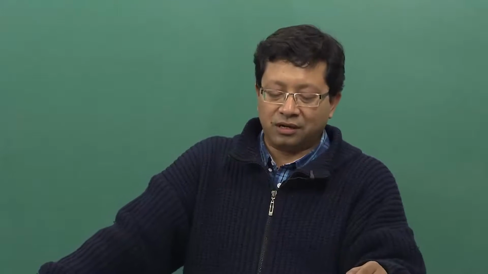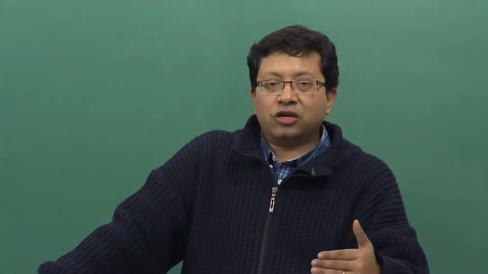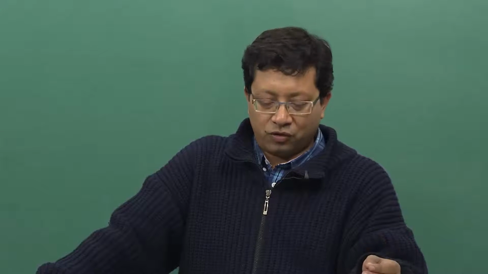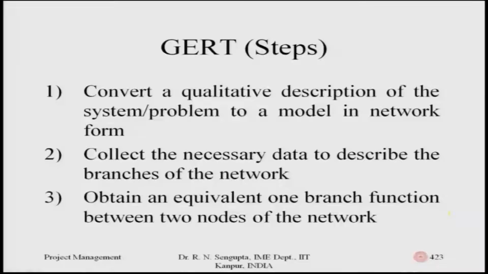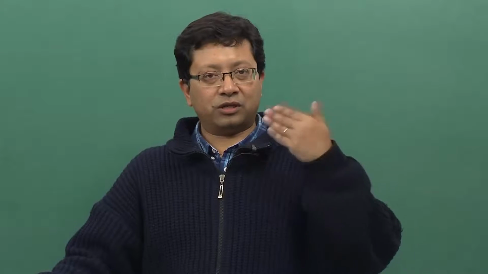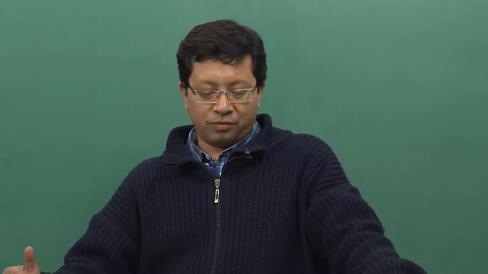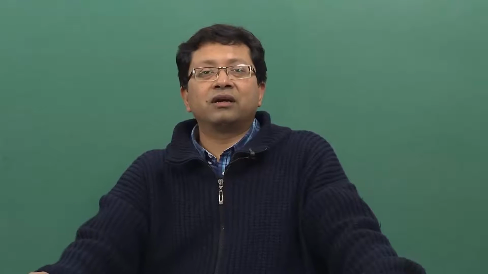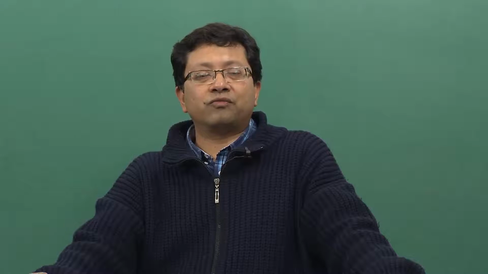So, what are the steps in the GERT? The logical steps you take into consideration to formulate the GERT are as follows. Convert a qualitative description of the system problem to a model in the input form. Based on the information you have, you convert it into a logical set of inputs and a logical set of outputs, such that you are able to combine the inputs and the outputs in a very logical fashion, in node form with arcs connecting them.